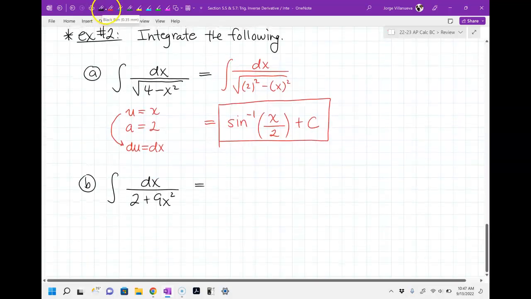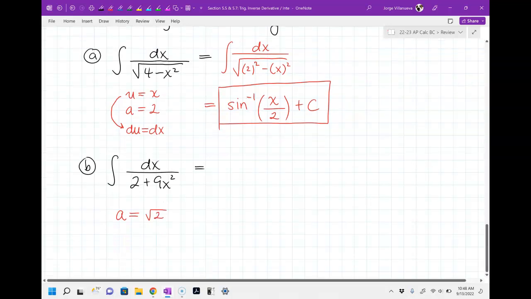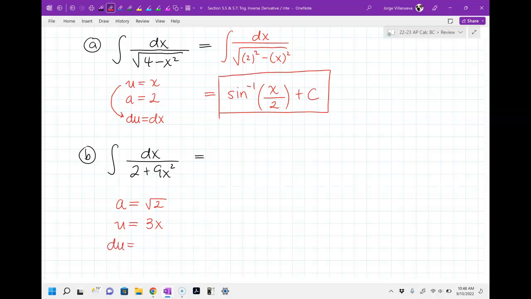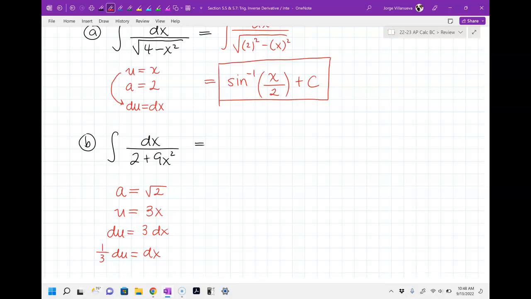So here, I am going to let a equal to, well, it's supposed to be something squared equals 2, right? So it would be the square root of 2. That's my a value. My u value is what? 3x, so that means du is 3 dx, so a third du is dx.